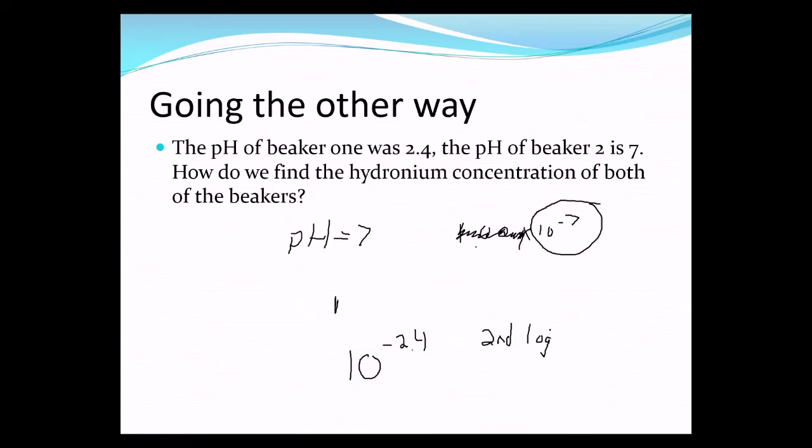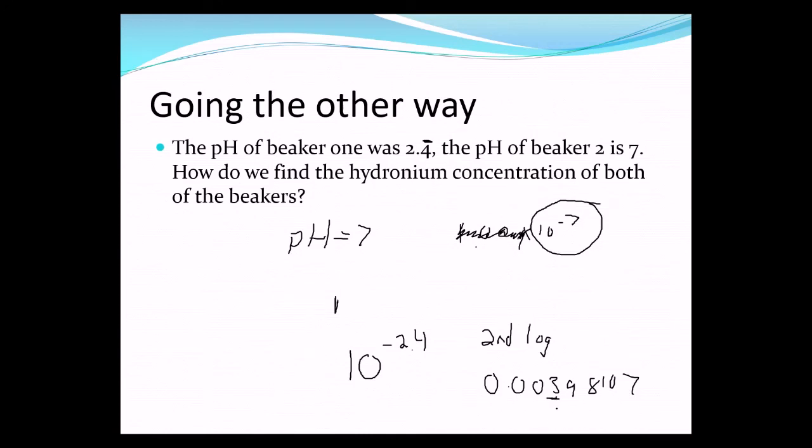But if you push second log on your calculator, it'll show 10 to the, and then you type in negative 2.4, and it'll give you the answer of 0.00398107. And if we want to answer to sig digs, this is a pH, so it's one number after the decimal place, so 1 sig dig.